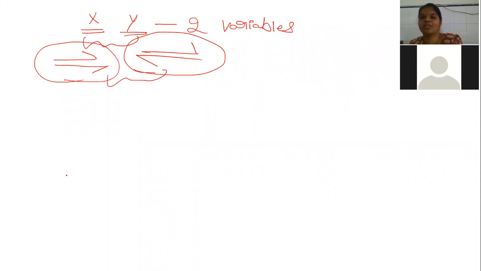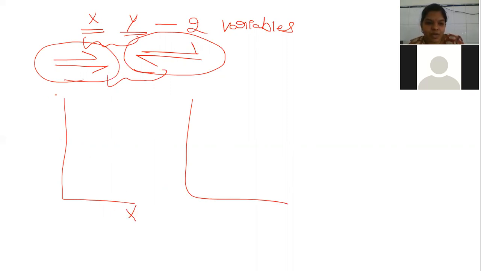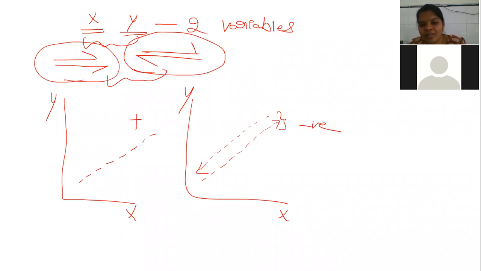By showing them on graphs. Roughly, just as an example, this is the x variable and this is y. If x and y are moving in this same direction, you call it positive. If one variable is traveling this way and the other variable is traveling that way, you call it negative. The variables travel in these directions based upon their values.